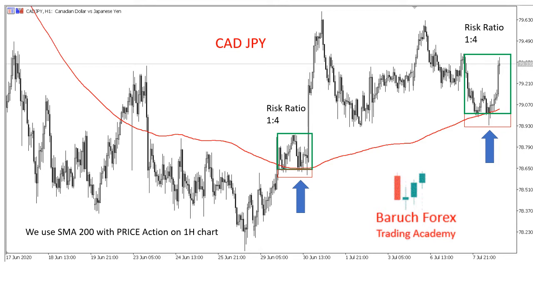So first of all, you insert the simple moving average 200 period. After that, what you need to see is the price action, whenever the price crosses over the simple moving average of 200 or crosses down on the 200 moving average.